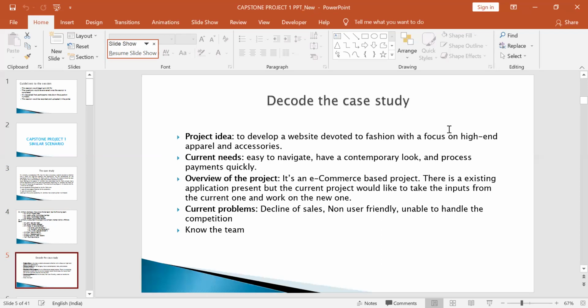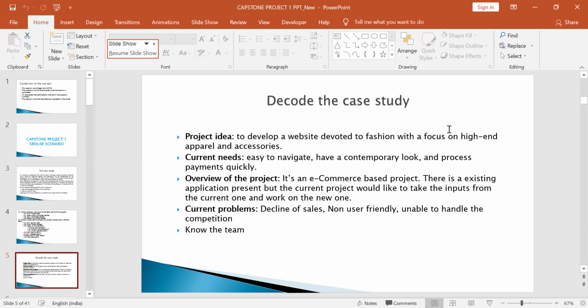And next, current needs. What are the current needs? It should be user friendly, easy for the customer to navigate, have a contemporary look, and process payment fast. Those are the current needs of this project.